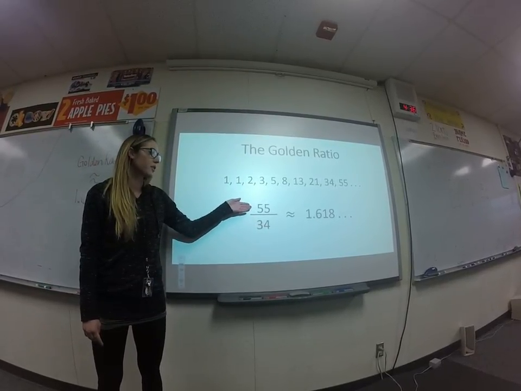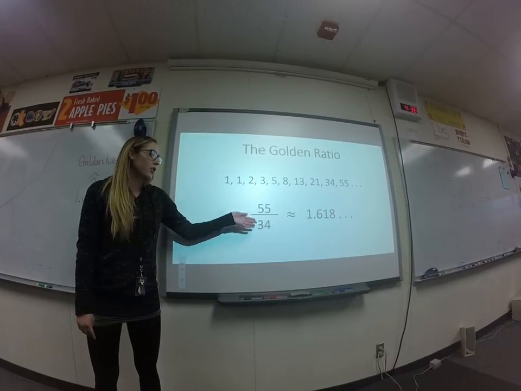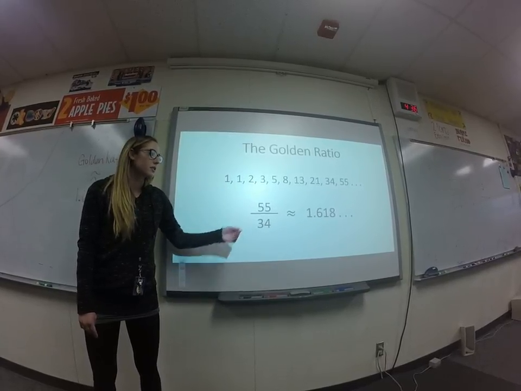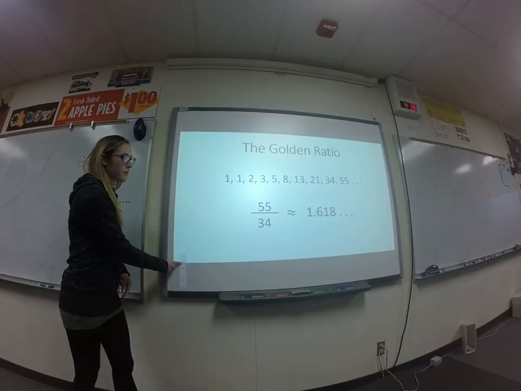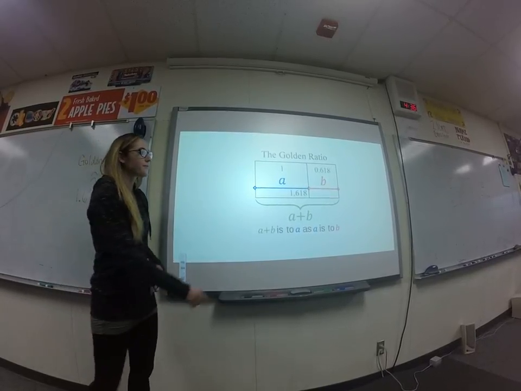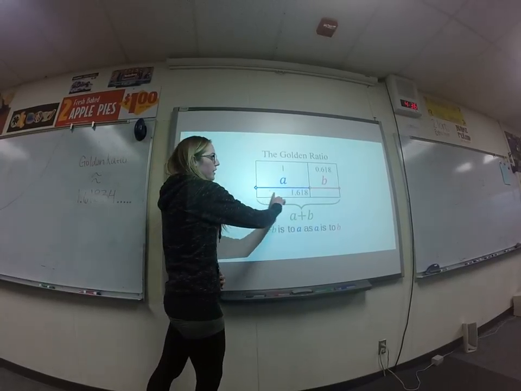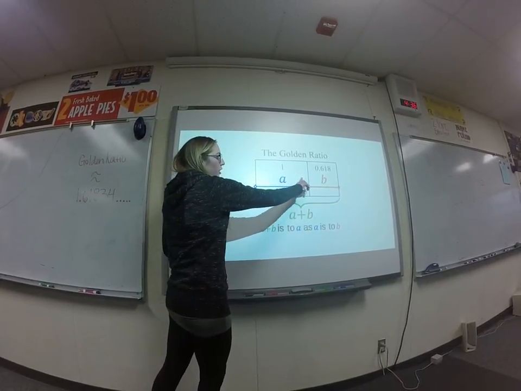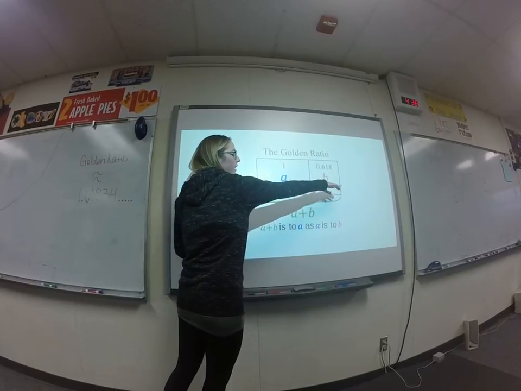Ratios are the proportion between 2 numbers. So here we have A is 1, B is 0.618.